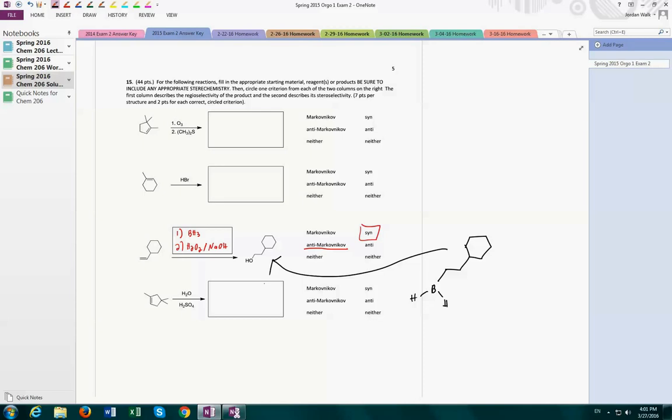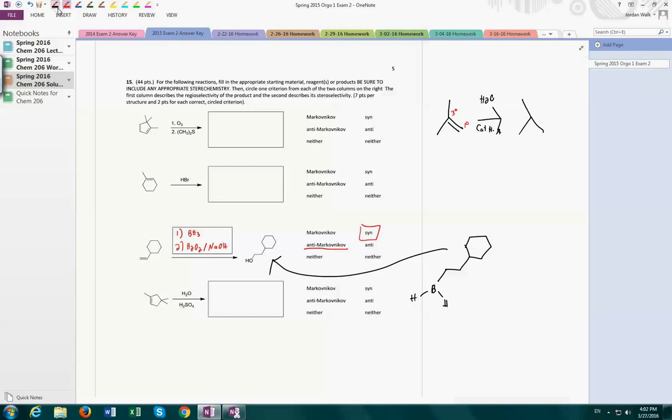Yep. Can we go over how to identify if it's Markovnikov or anti from just the product? Yeah, so for example, if we have an alkene that looks like this, and we did a Markovnikov addition, we'll use H2O and catalytic acid. We've got tertiary versus primary.